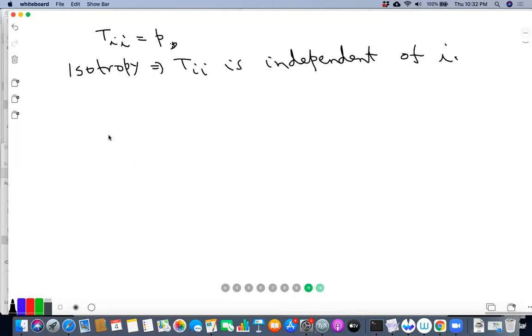So next, I'll try to give a physical interpretation of what this P means. To do that, let's imagine that the source of the universe is a fluid. Let's suppose that we take a small box, a small cube in that fluid, and exclude everything from inside.